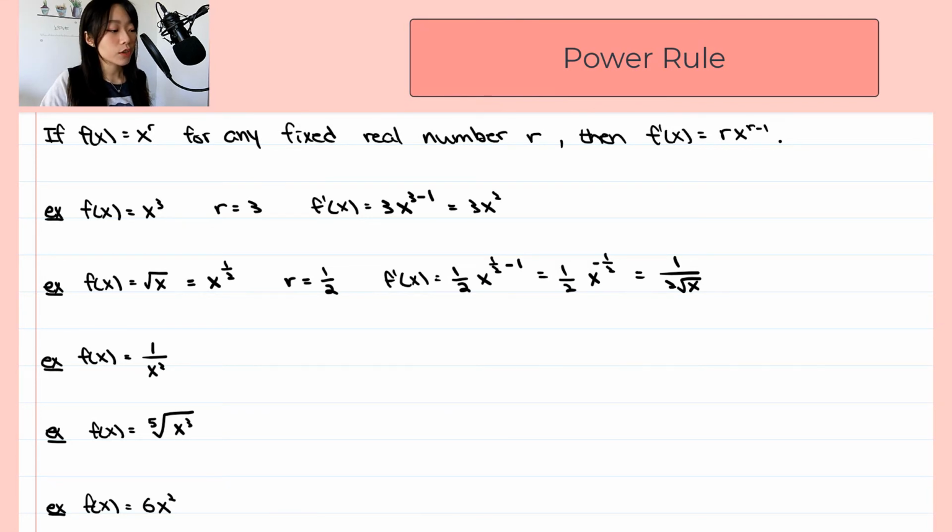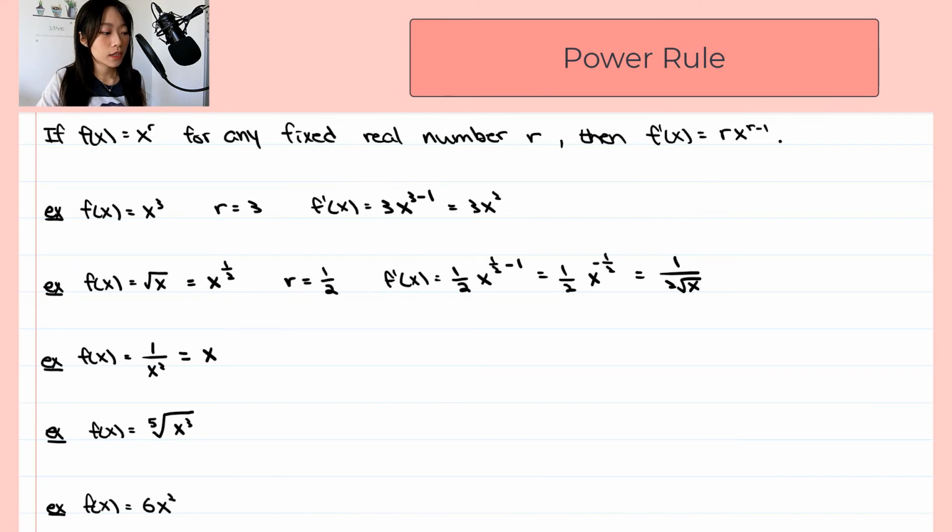And for the next function, we have 1 over x squared. And again, we want to rewrite this in the form of x to the power of r. So let's rewrite this as x to the power of negative 2. So r is negative 2. So its derivative would be negative 2 times x to the power of negative 2 minus 1, which equals negative 2 times x to the power of negative 3.